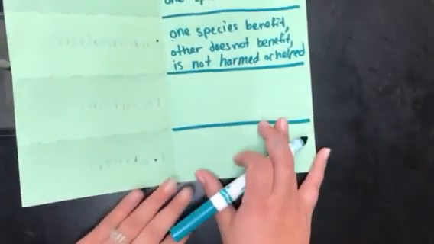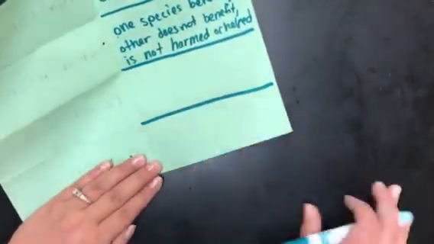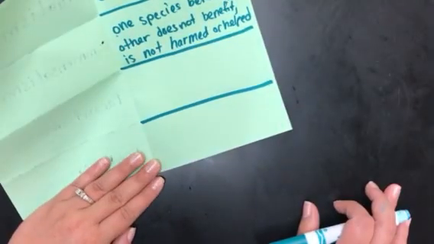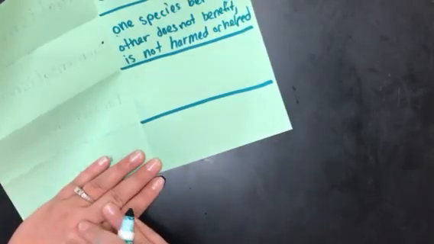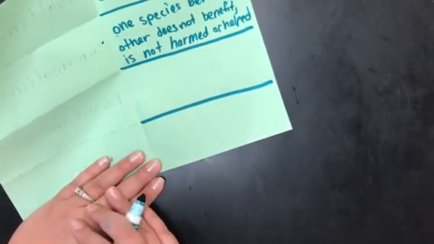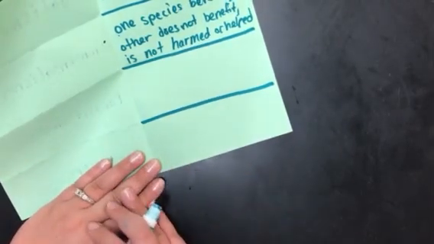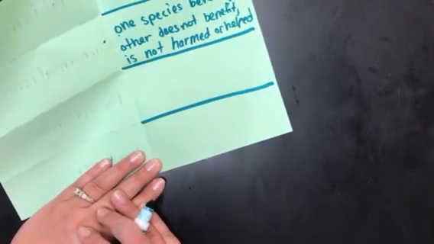So a good example of this would be like when a mosquito comes on you and it extracts your blood. That would be considered parasitism, because it's not killing you. You're not dying, but you are being harmed.